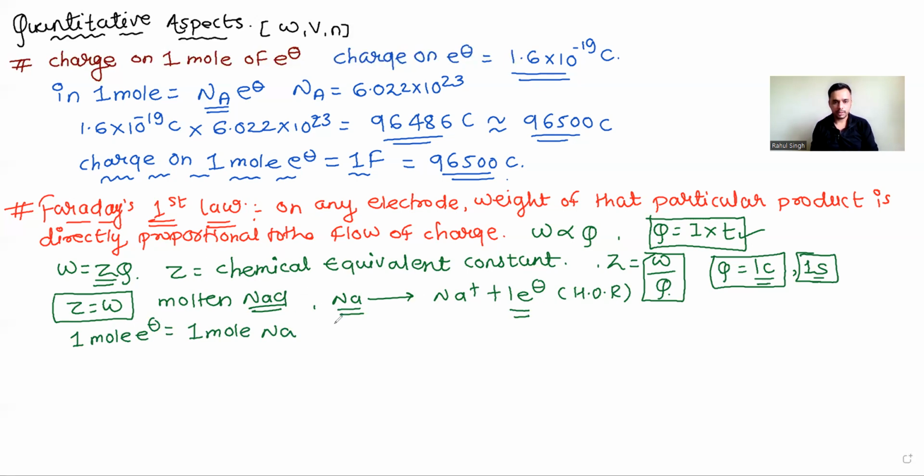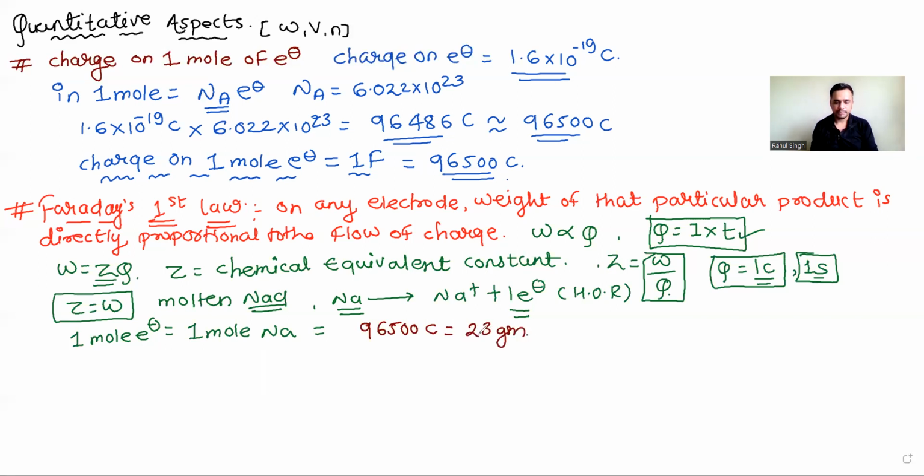And we know that the molecular mass of sodium is 23. 1 mole of electron, we have just calculated this part, is nothing but 96500 coulomb, that is equal to the mass of 1 mole of sodium, that is 23 gram.